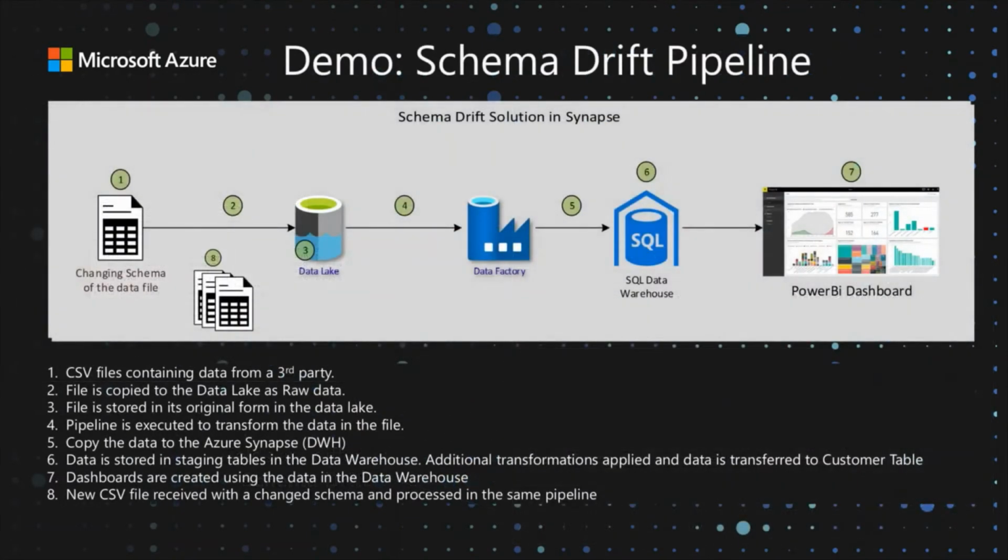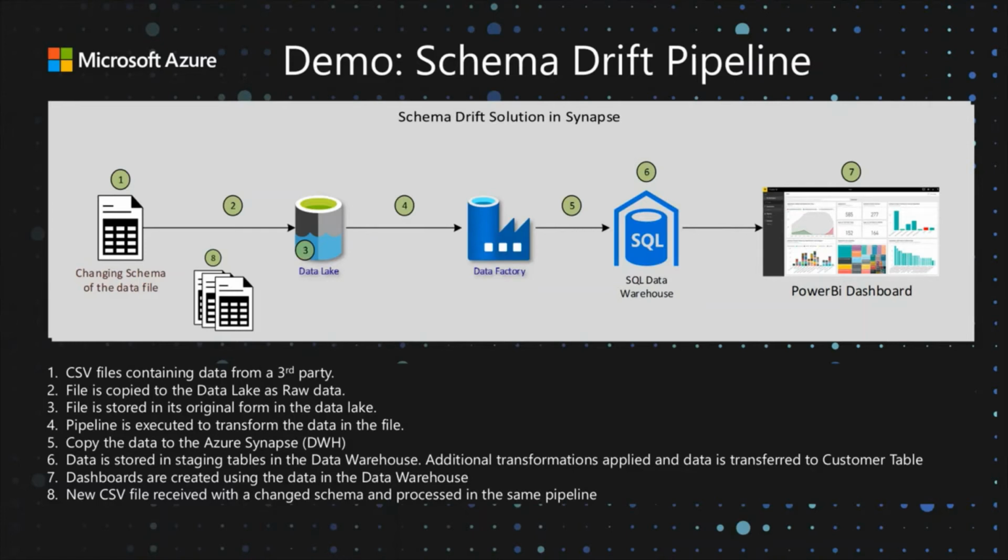In our demo, we will receive the files into the storage container that resides in my data lake. These files come from various providers and they have different schema formats. What we'll do is build a data flow pipeline that will ingest these files into the data warehouse, into staging tables.